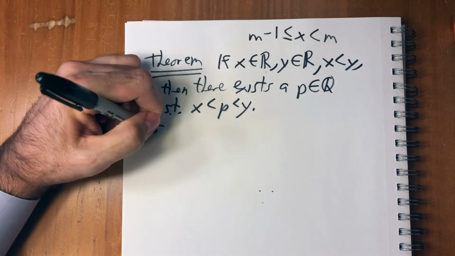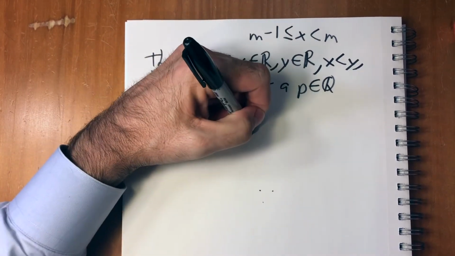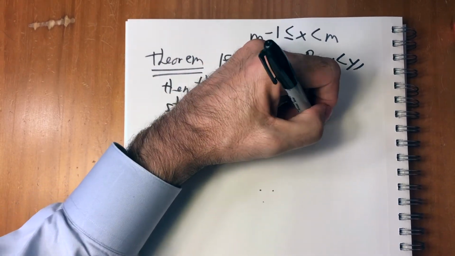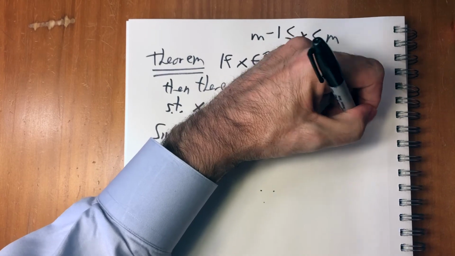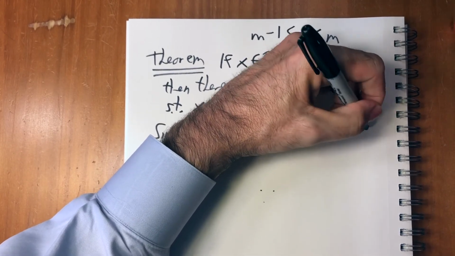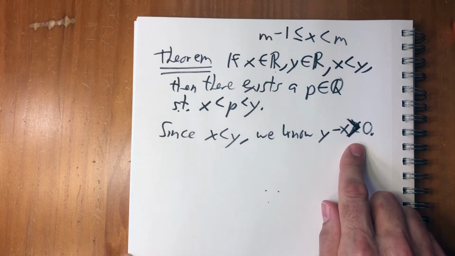So, since x is less than y, we know that y minus x is greater than 0, whoops, I said less than before. Since x is less than y, y minus x is greater than 0.